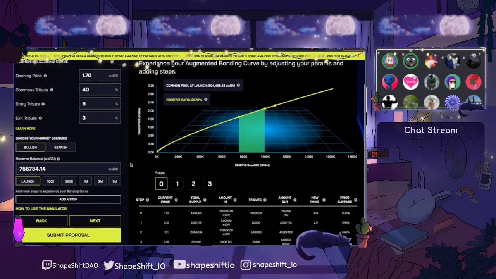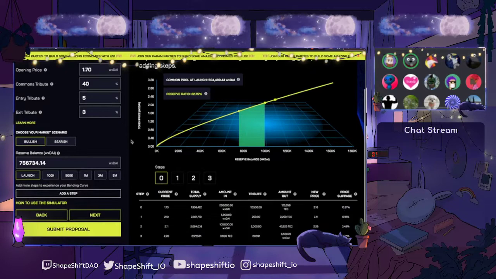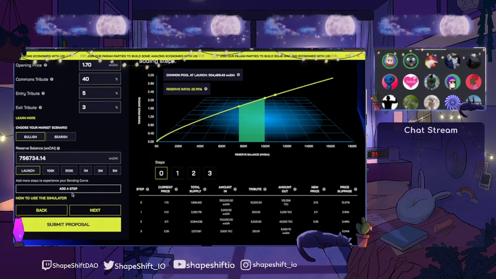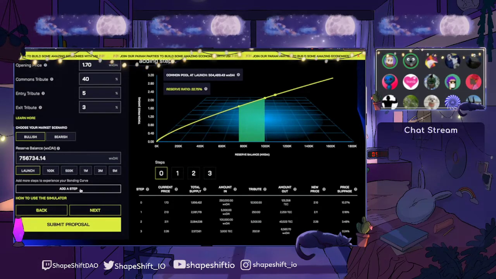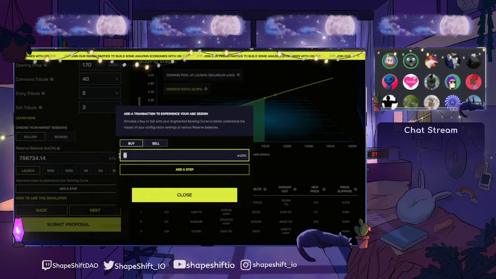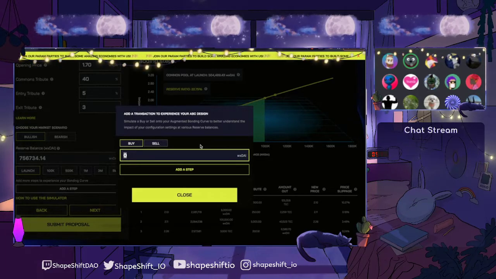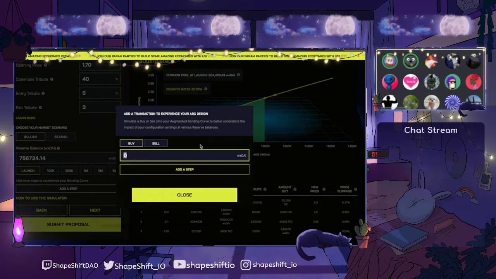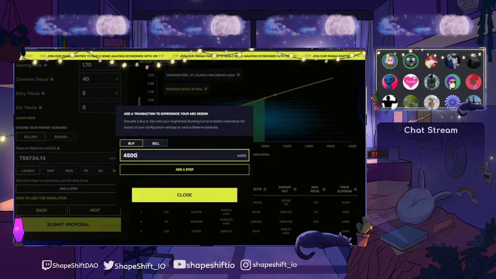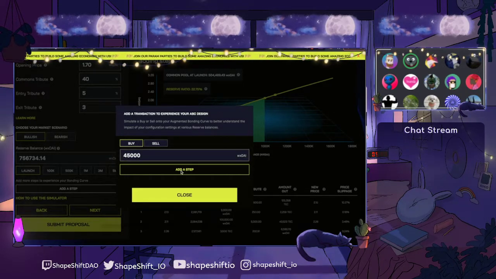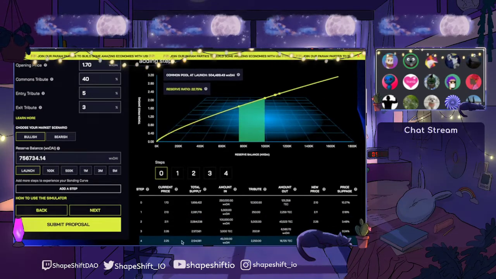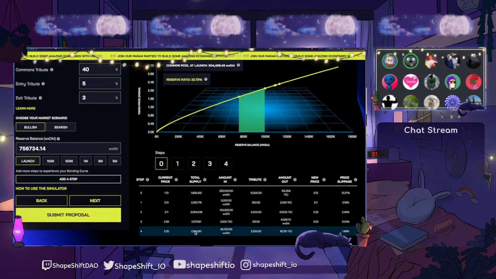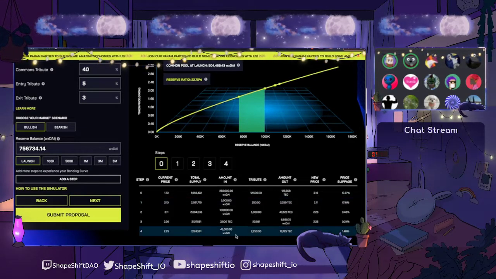Once we pick these parameters, we are able to add different steps to see how this is going to behave. So let's say that we add a buy where someone puts in 45,000 XDAI. We can actually see, by adding this step, how this behavior would affect the bonding curve at this stage.